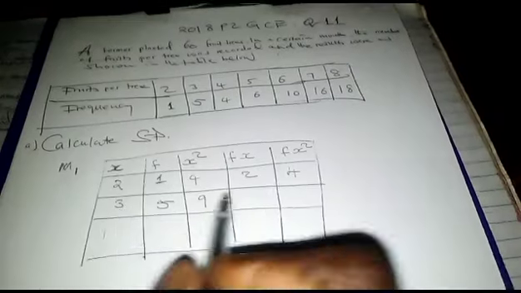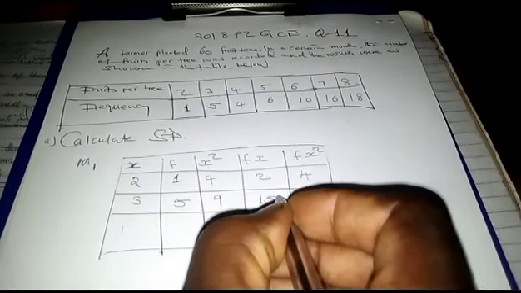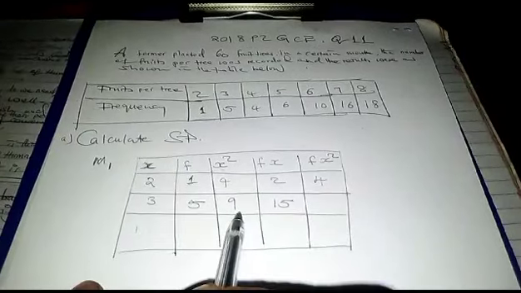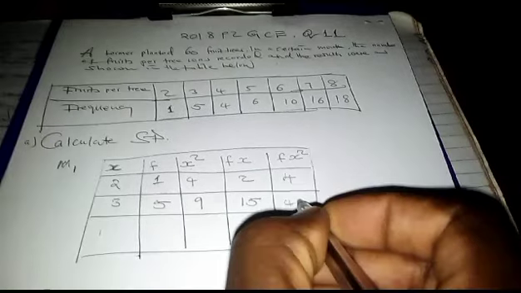Then from there, we're going to square the midpoint 3. So 3 squared, this gives us 9. Then from there, we're going to multiply the midpoint times the frequency. So 5 times 3, that's 15. Then from there, we're also going to multiply the frequency times the square of the midpoint, 5 times 9. And that's going to give us 45.